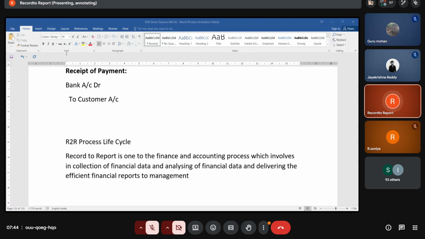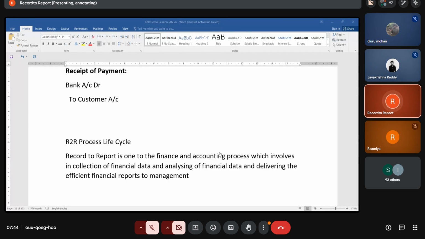Okay, so R2R will be collecting the data from whom? The data will be collected from the subledger systems, guys. So R2R involves collection of the financial data, analyzing of the financial data, and delivering the efficient financial reports to the management.